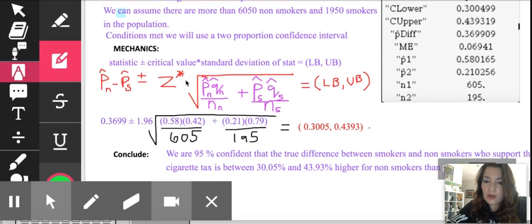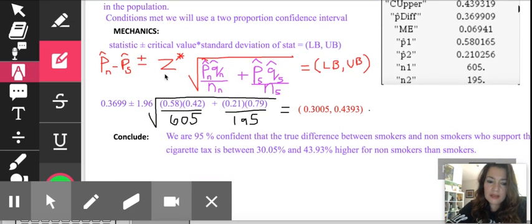In your formula sheet is the formula. So you can write it in words, which I did right here. Statistic plus or minus critical value times standard deviation of the statistic is equal to our lower bound and upper bound. Now I also wrote it in symbols.